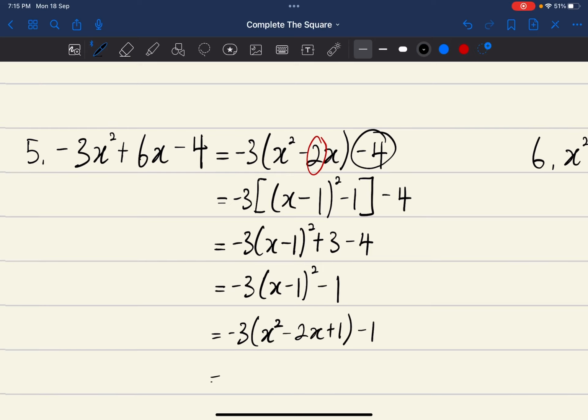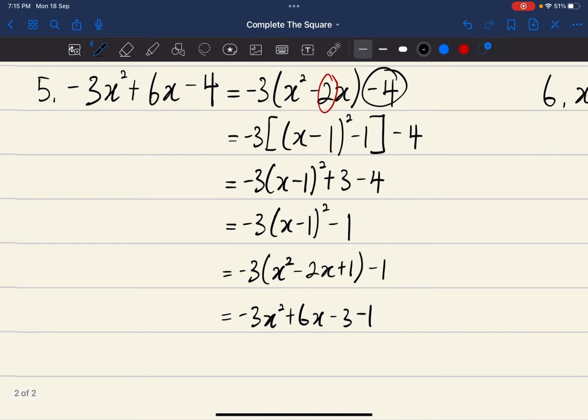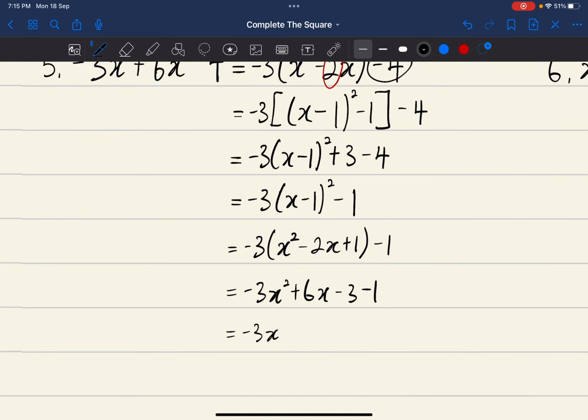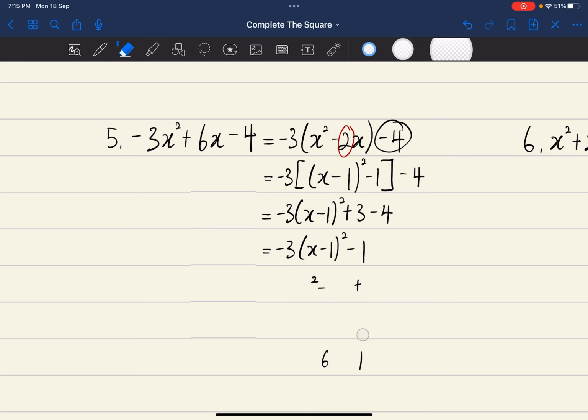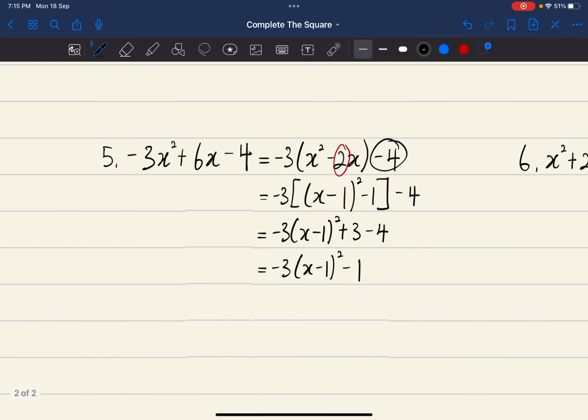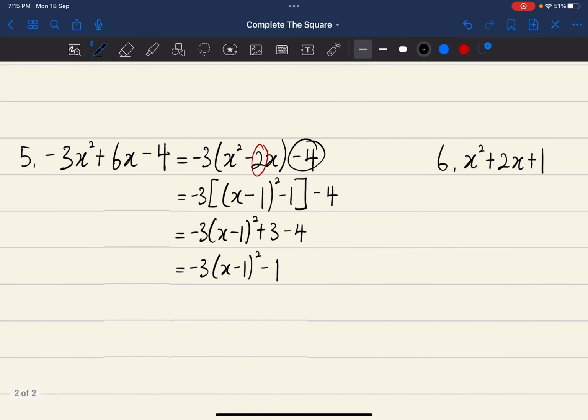Minus 1, and you get negative 3x squared plus 6x minus 3 minus 1, which is negative 3x squared, blah, blah, plus 6 minus 4, which is this equation. So we did it correctly. We completed the square correctly. Now, this is really useful for your exams. The way to check your answer is to always just reopen the square that you completed.